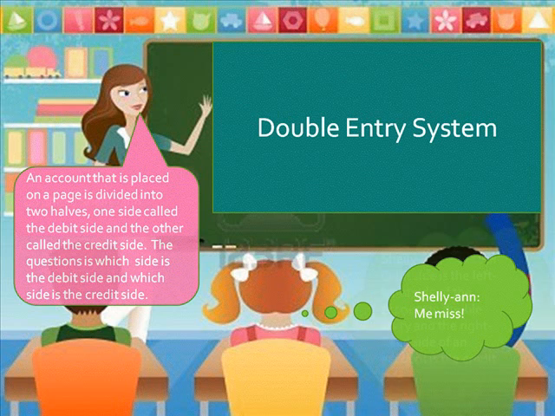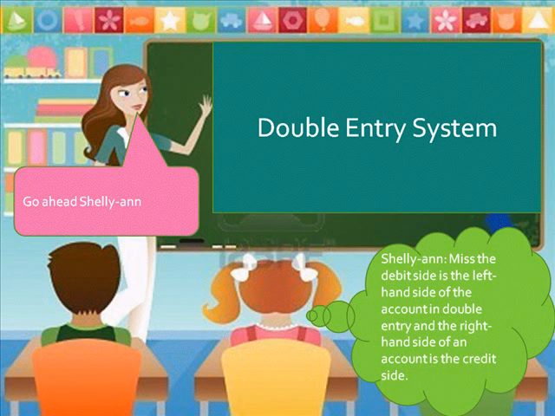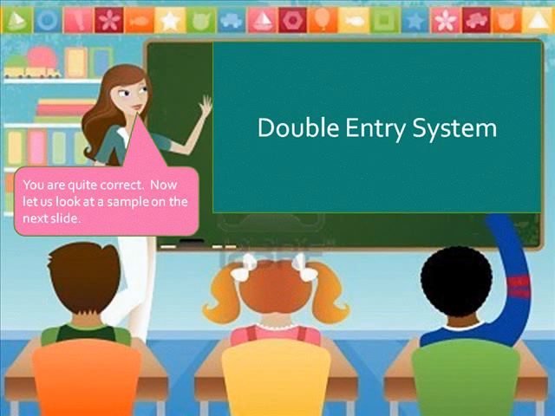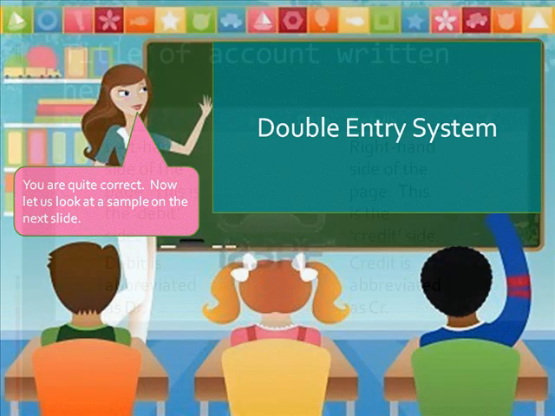Me, miss. Go ahead, Shellyan. Miss, the debit side is the left-hand side of the account in double entry and the right-hand side of an account is the credit side. You are quite correct. Now let us look at a sample on the next slide.